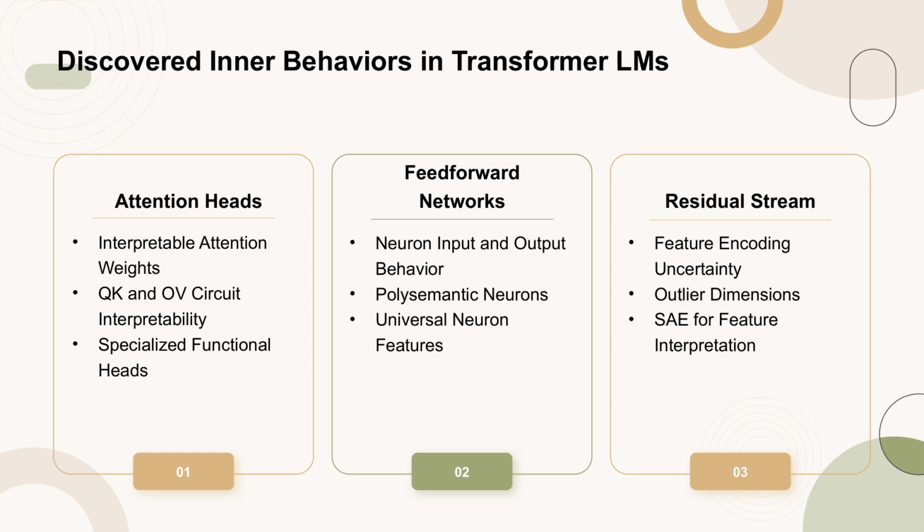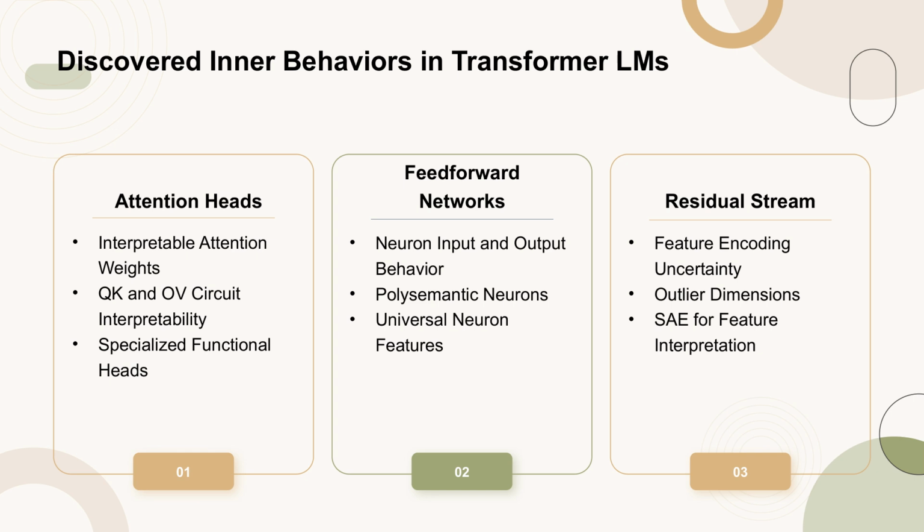Moving on to feed-forward networks, we discuss the behavior of neurons, highlighting their input and output characteristics, the presence of polysemantic neurons, and the universality of neuron features across different models. Finally, we explore the residual stream, where we address the uncertainty in feature encoding, the identification of outlier dimensions, and the use of sparse autoencoders, SAEs, to interpret these features.